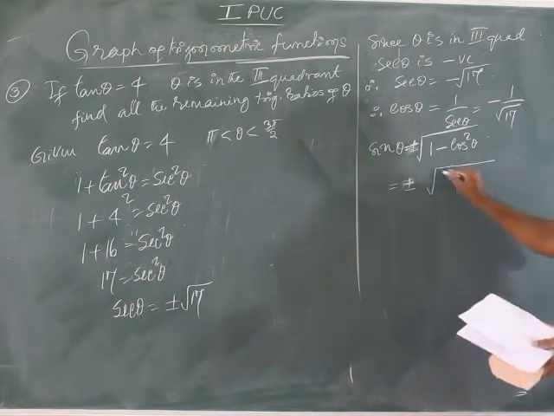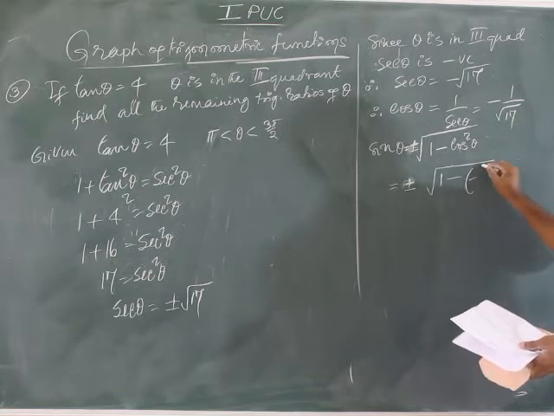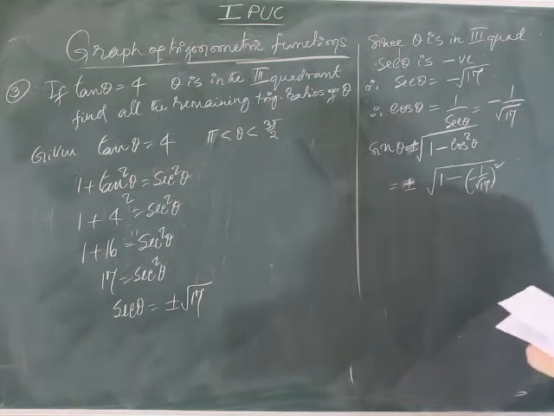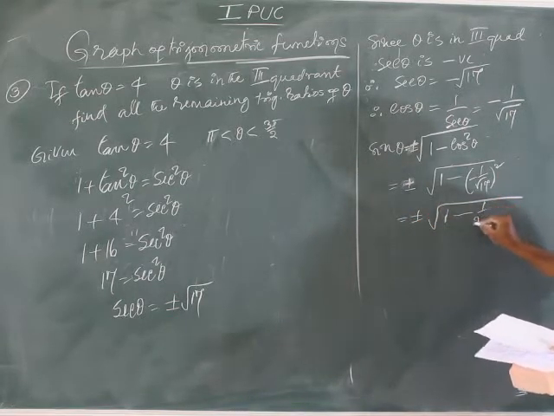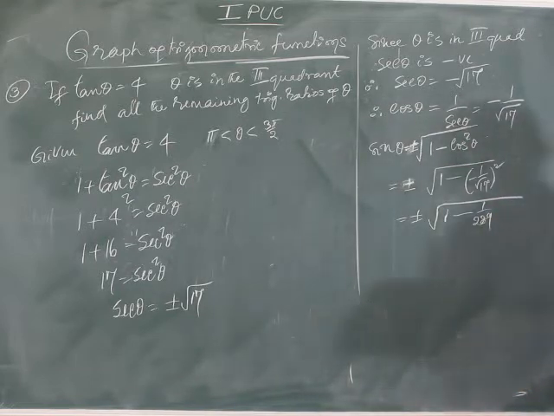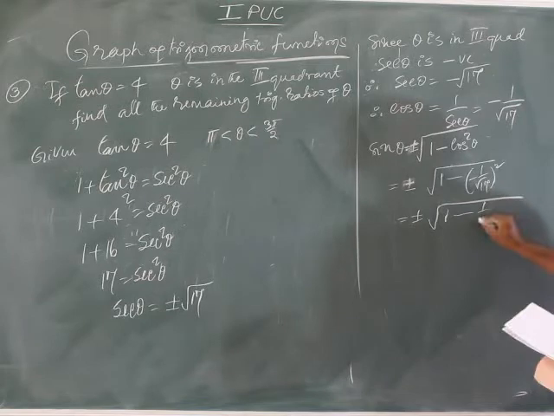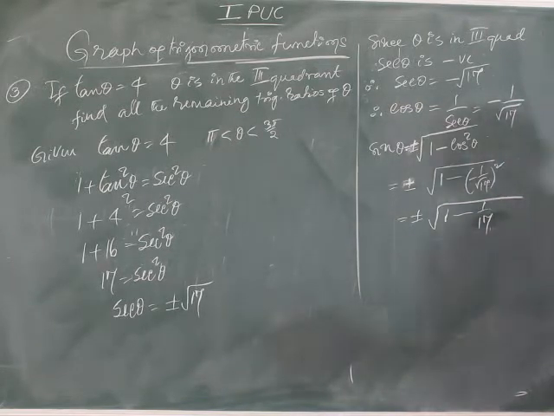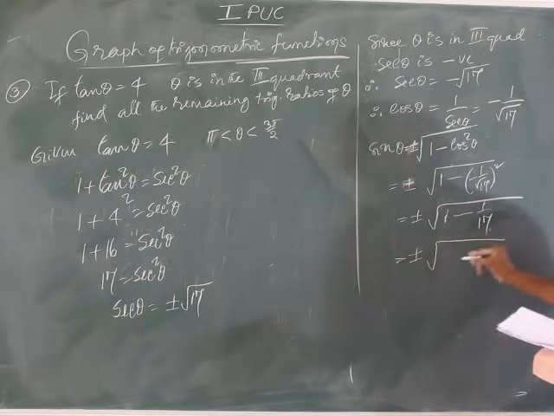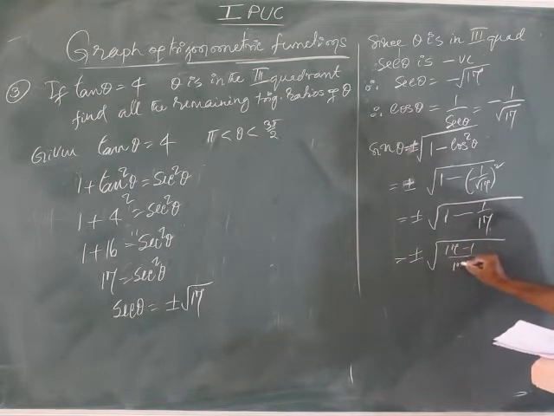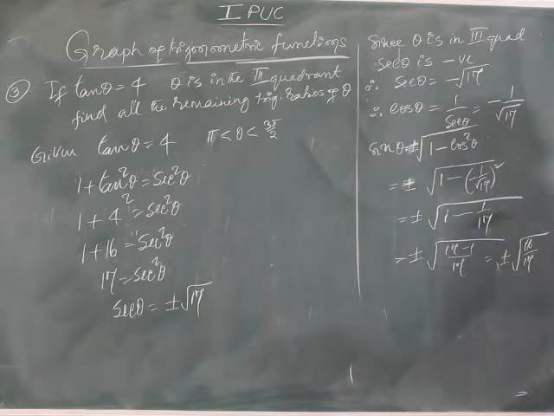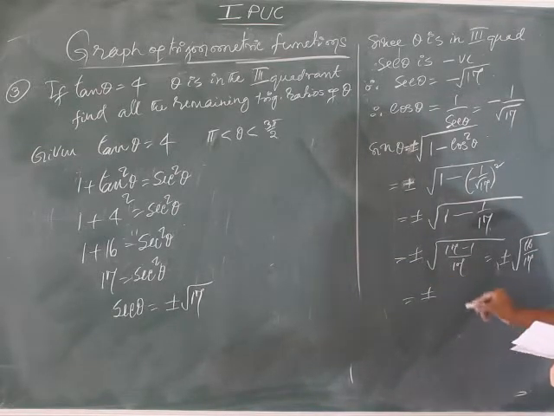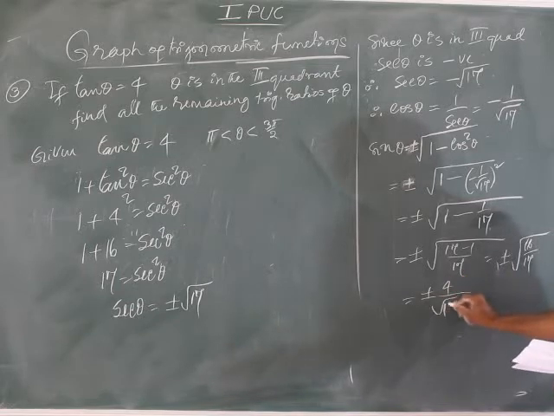Plus or minus root 1 minus minus 1 by root 17 square, plus or minus root 1 minus 1 by 17, which is plus or minus root 16 by 17, plus or minus 4 by root 17.